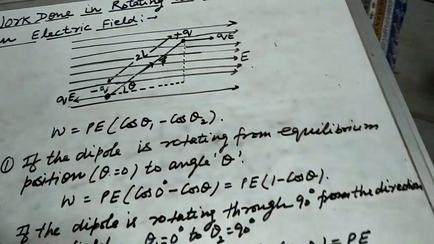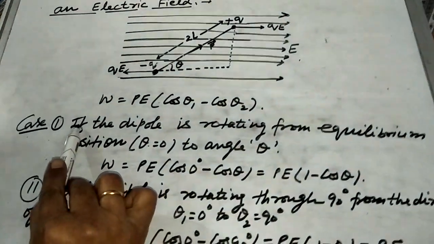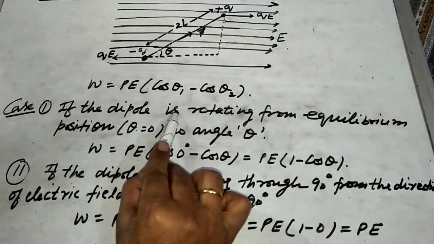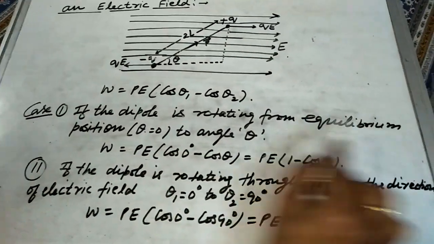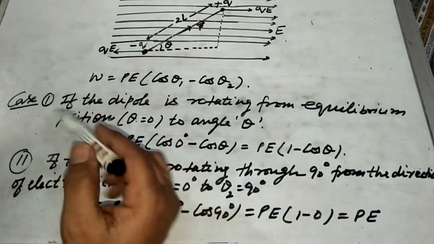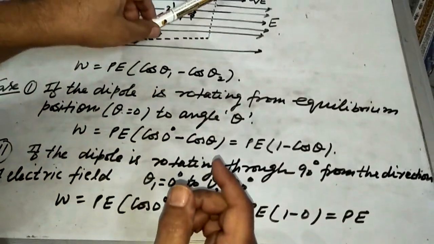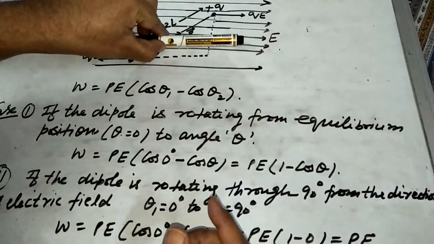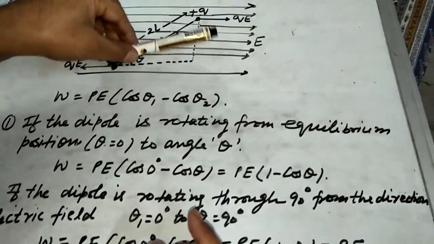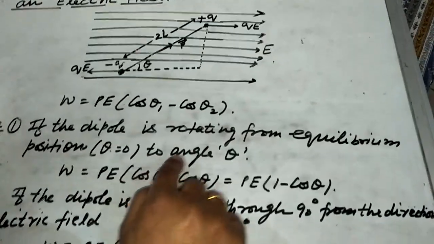Either way, both are the same. So we consider the first case: the dipole is rotating from the equilibrium position, that is, from the direction of the electric field. In this case theta goes from 0 to an angle theta.